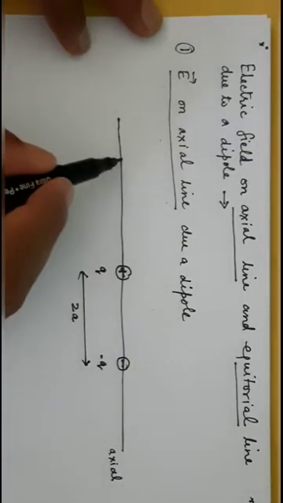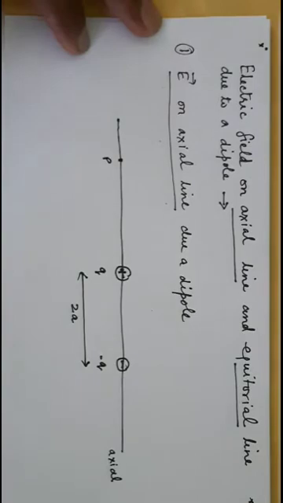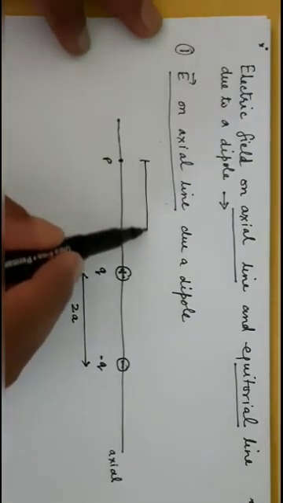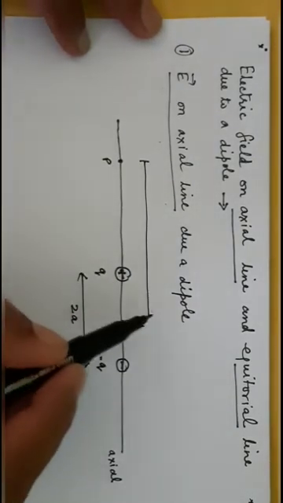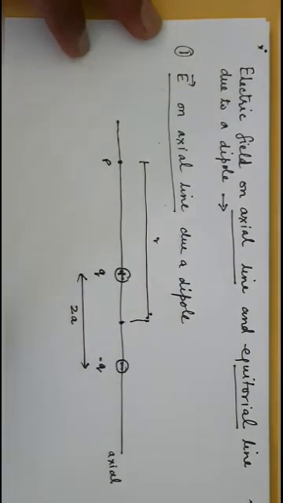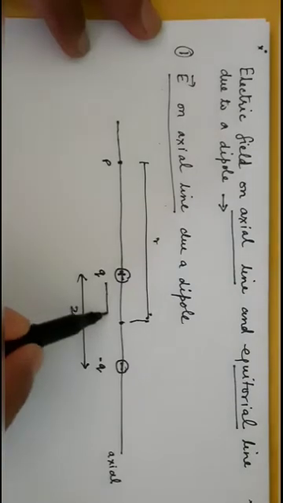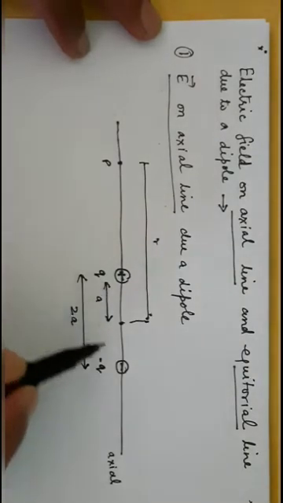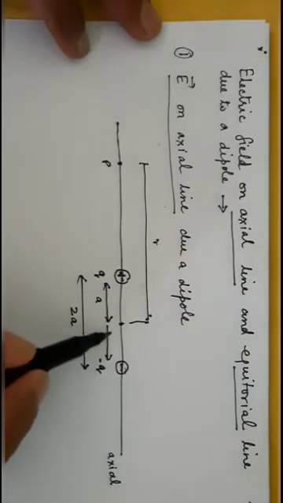P is a point on the axial line, at a distance of r from the center of the dipole. This is the center of the dipole. If this is the center of the dipole, then this distance will also be a, and this distance will also be equal to a.